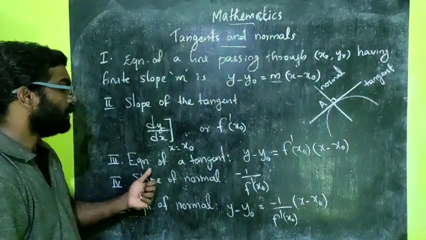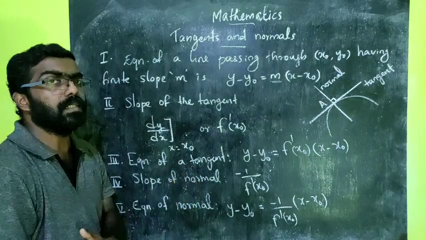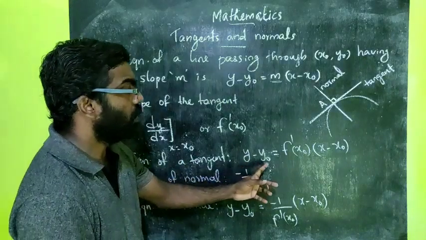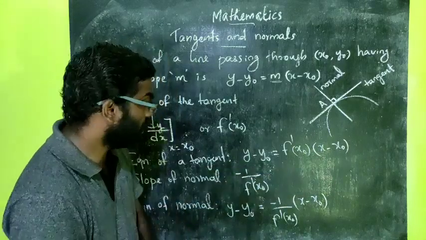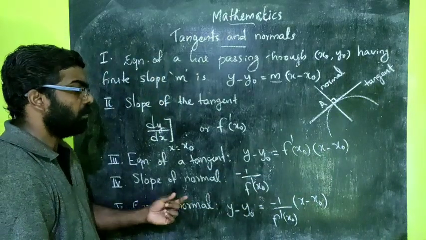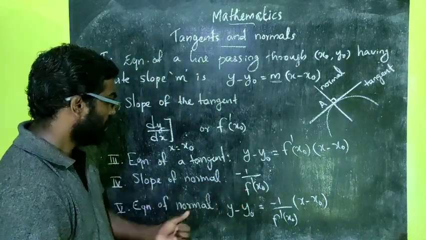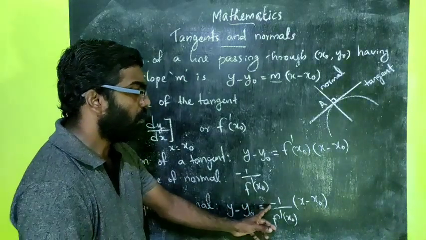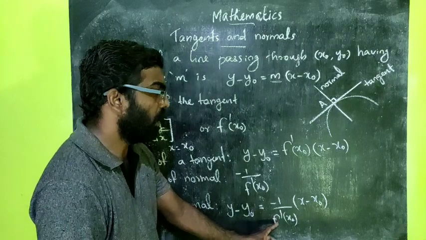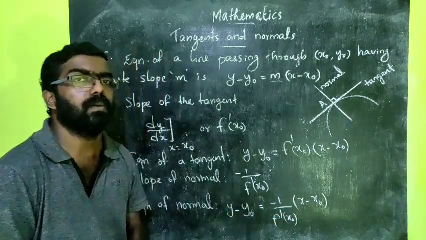Then the third one is the equation of a tangent: y minus y0 is equal to f dash of x0 into x minus x0. Then the slope of the normal, minus 1 by f dash of x0, and the equation of normal, y minus y0 is equal to minus 1 by f dash of x0 into x minus x0. Clear?